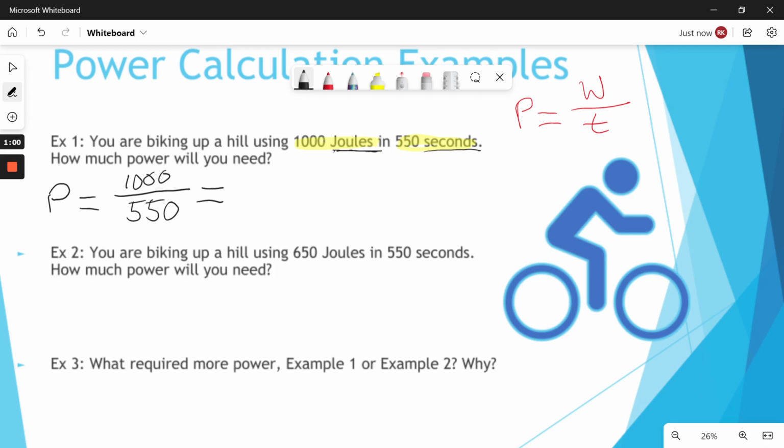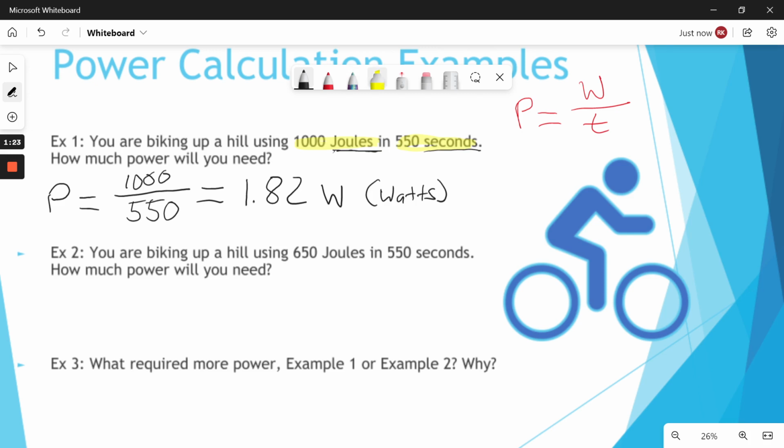We will always give you access to a calculator. And this, I'm going to round, comes out to 1.82. We got to have our unit. W, or watts. Okay, power is always measured in watts.